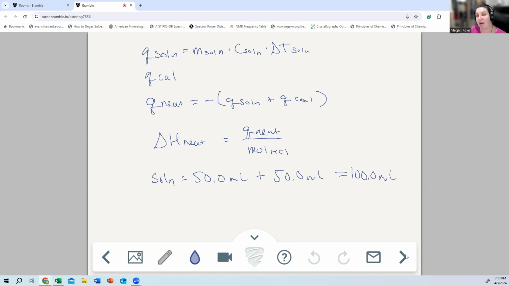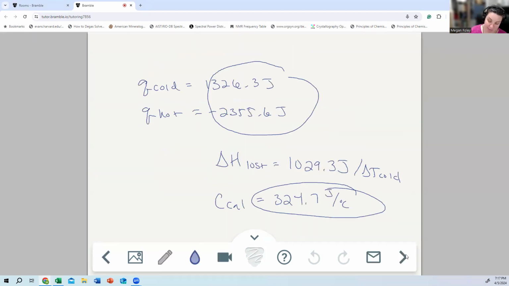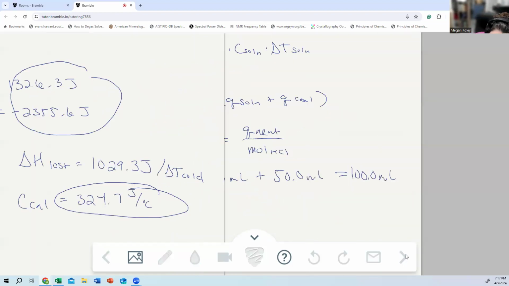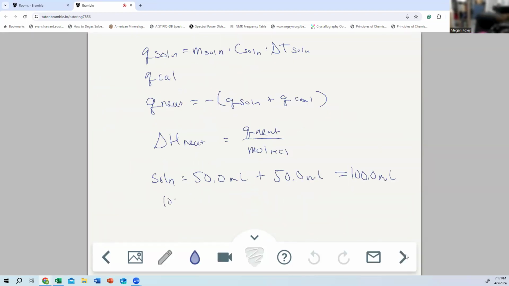However, our density of this solution is 1.02 instead of just the 1.00 that we used in the last part, because our last part right here was just pure water. So we're going to take that 100 milliliters, multiply it by the density, 1.02 grams per milliliter, to get 102 grams of our solution. And then that is going to go into the mass of our solution.